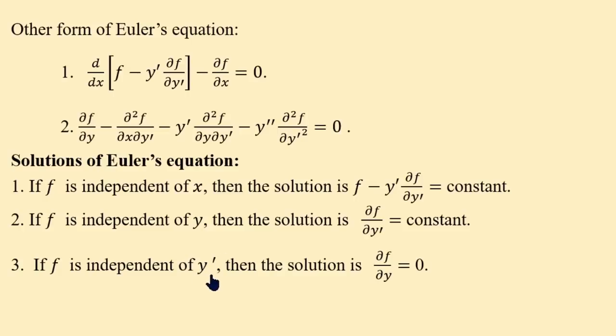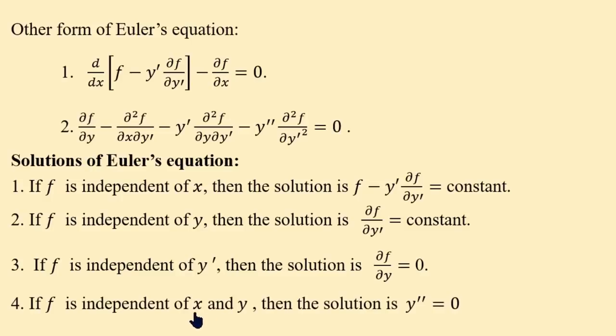And finally, remember one more, if f is independent of x as well as y, this is another form of the Euler equation. If it is independent of x and y, the partial derivative with respect to x is 0, with respect to y is 0, only this part remains. So y double dash dou square f by dou y dash square is equal to 0.